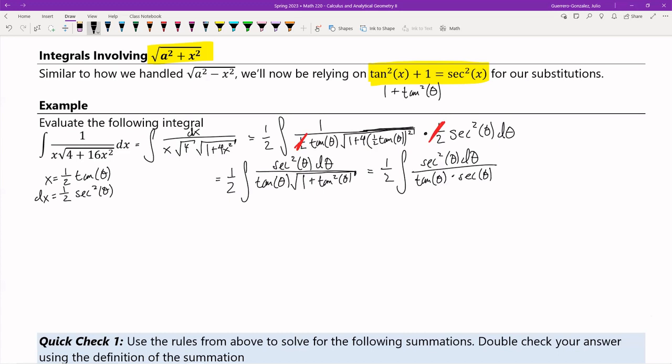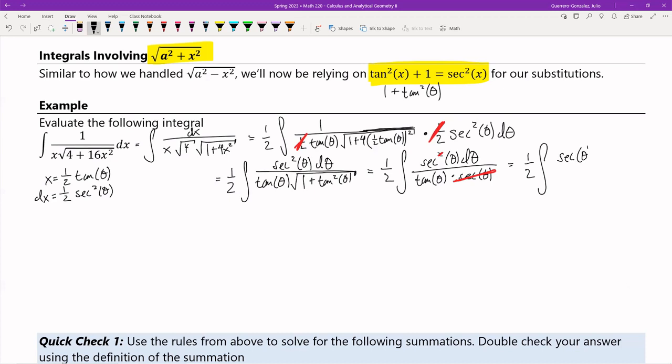Okay, there's a square and 1 down below, so this secant cancels one of the top ones out. We get left with equal to 1/2 times the integral, right?